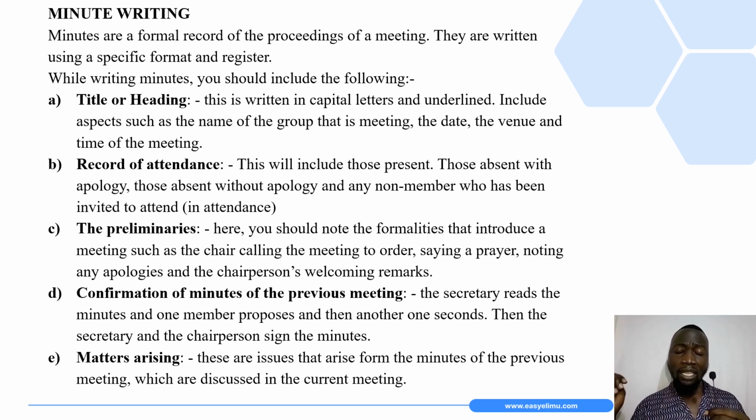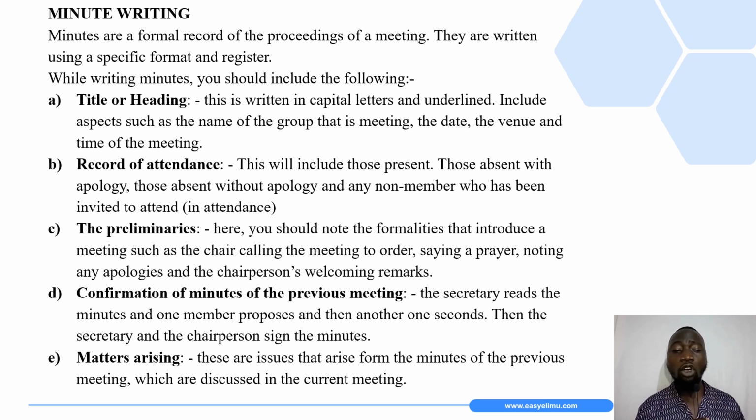So another thing that is also important to note is that if a particular group is having its first meeting ever, then we won't have confirmation of the previous minutes.